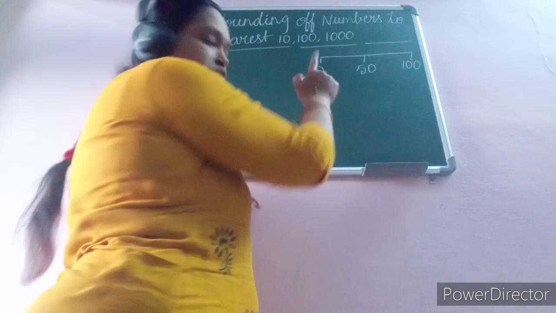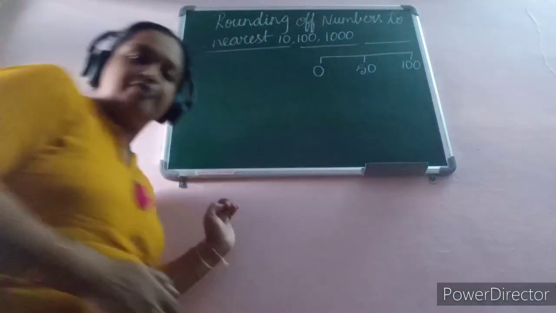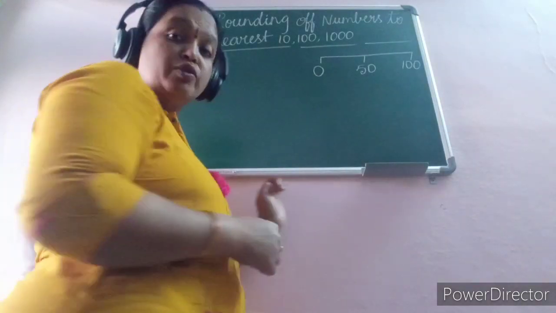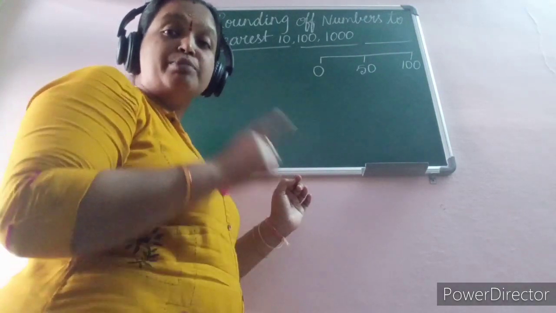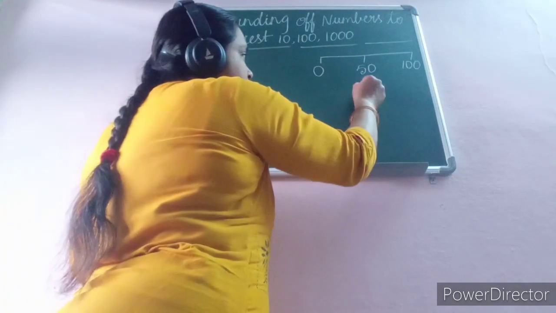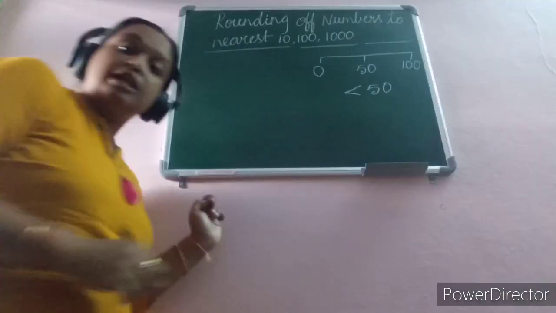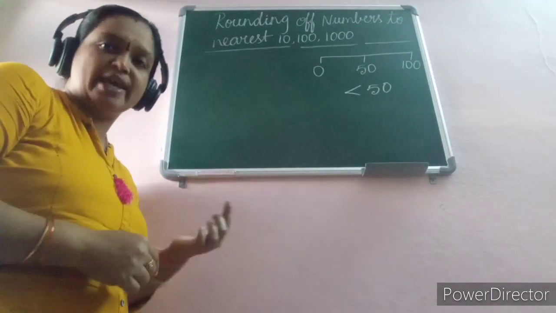See the range here, 0 to 100. The midpoint is 50. So when you round off to the nearest 100, our midpoint is 50. So always remember, if the number is less than 50, that means the number in the ones place and tens place together.